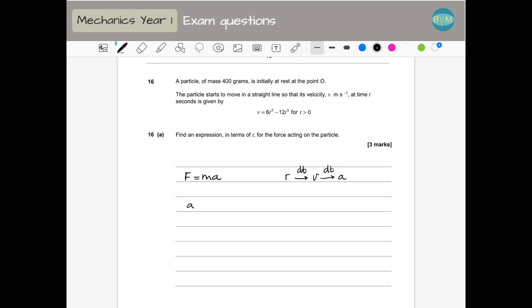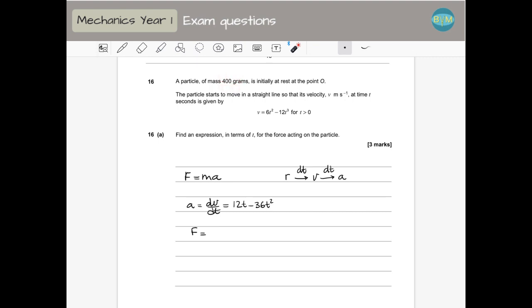So the acceleration in terms of time is going to be the derivative of the velocity. So it's going to be 12t minus 36t squared. That's the expression of the acceleration, which means the expression for the force is going to be the mass, which is constant.